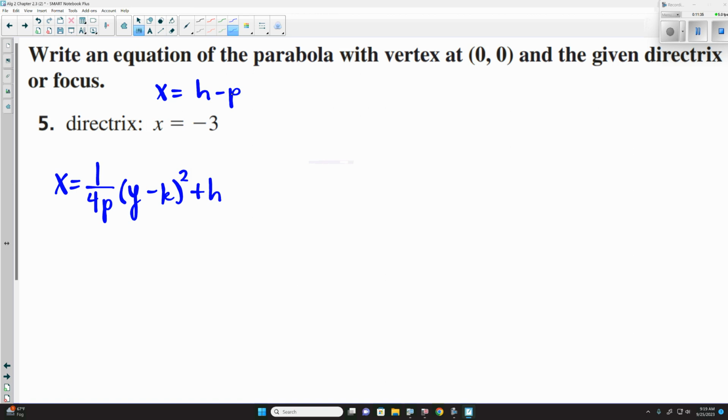So yeah, for these here, it is always 0, 0, but the instructions did tell us the vertex is at 0, 0. They just didn't place it in the problem itself. They placed it in the instructions. So the vertex is 0, 0, which means h is 0, k is 0.